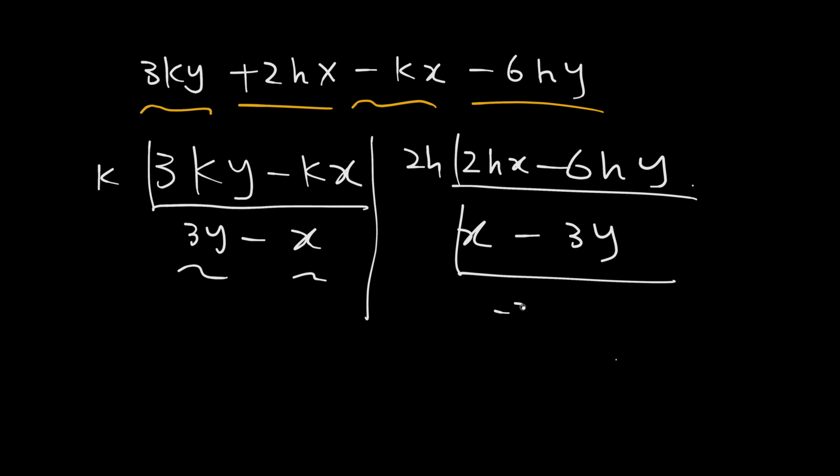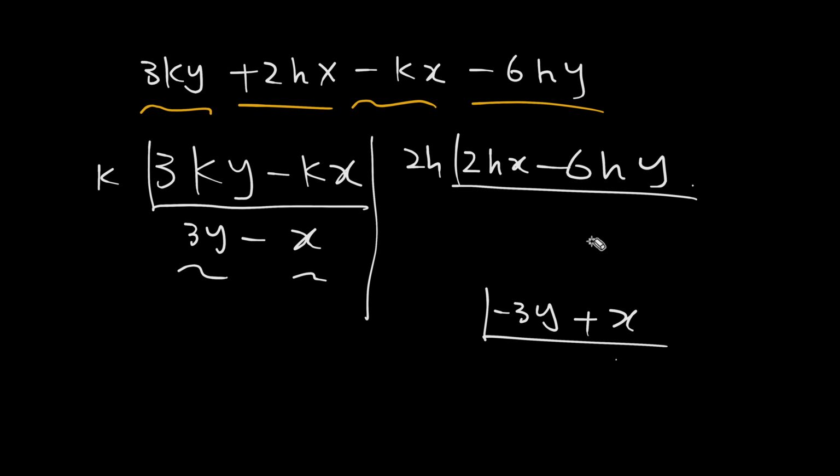So minus 3y first, plus x. Therefore you can erase the above, because this is not needed already. Then you take out the minus sign. Once you take out the minus sign, you have 3y here, then minus x here. Can you see that you have a common term here?